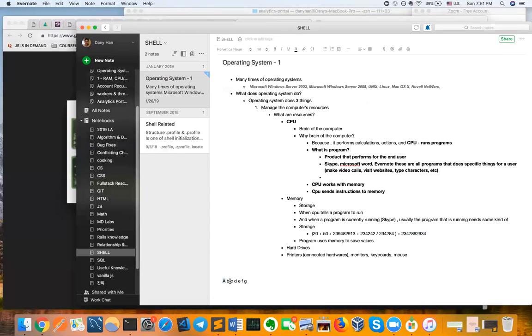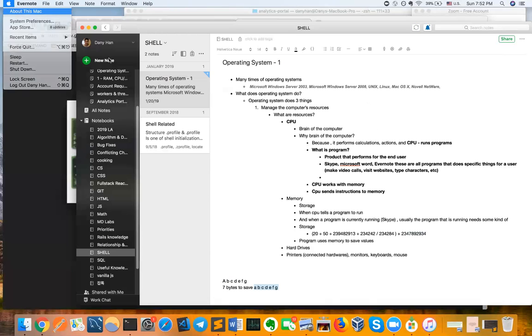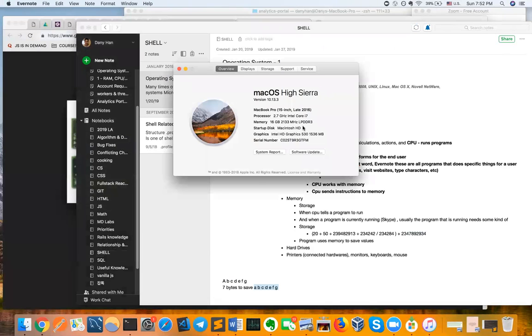This is 1 character, 2, 3, 4, 5, 6, 7 characters. And so we'll say it takes 7 bytes to save A, B, C, D, E, F, G, if every character requires 1 byte to save them. So when we have 16 billion bytes, it basically means it could save up to all those billions of values when a program is running.